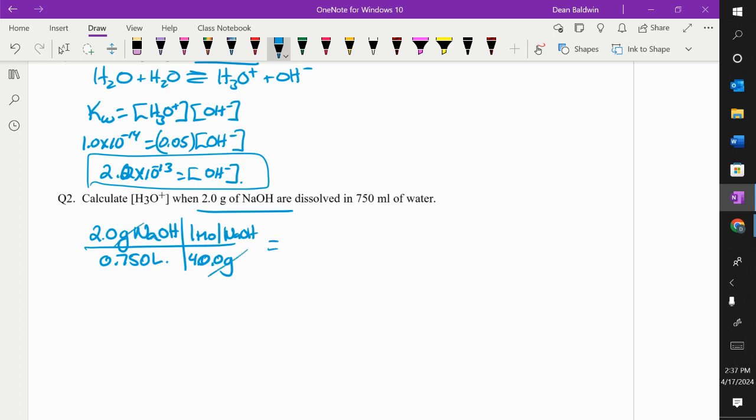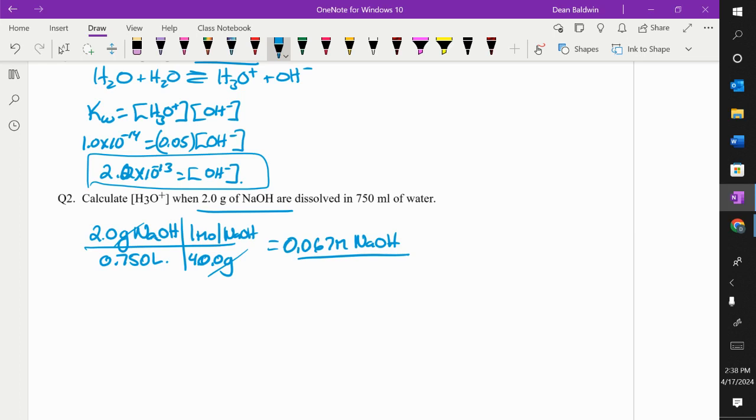We're left with moles per liter, and that gives us 0.667 molarity of NaOH. Is it 0.067? Okay.